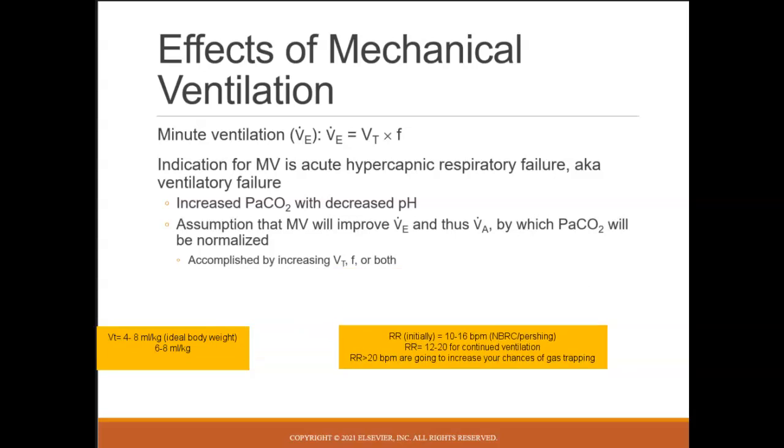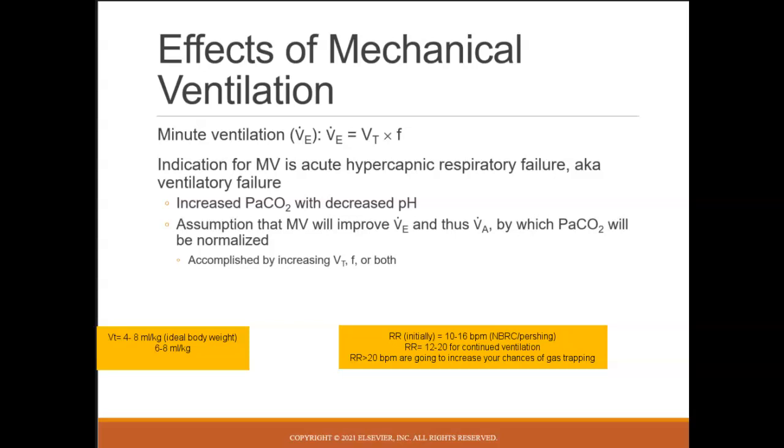Okay, so you can see how I'm going to put my tidal volume somewhere within the 6 to 8 milliliters per kilogram range. I'm going to get ABGs back. My respiratory rate is going to be somewhere initially between that 10 to 16 range. And then when I get my ABG results back, I'm going to make adjustments either to my tidal volume or to my respiratory rate to best suit my patient's needs. Again, this makes more sense when you actually practice it on a patient.